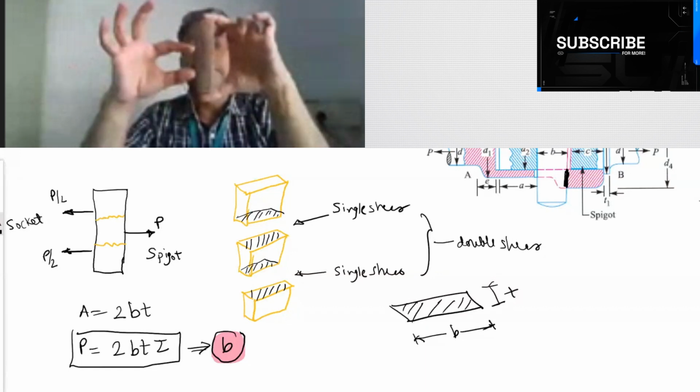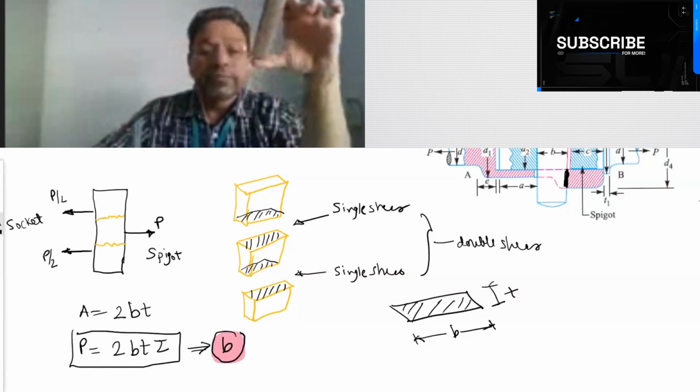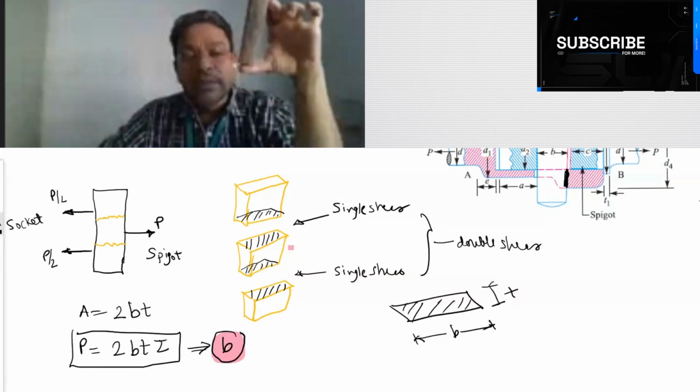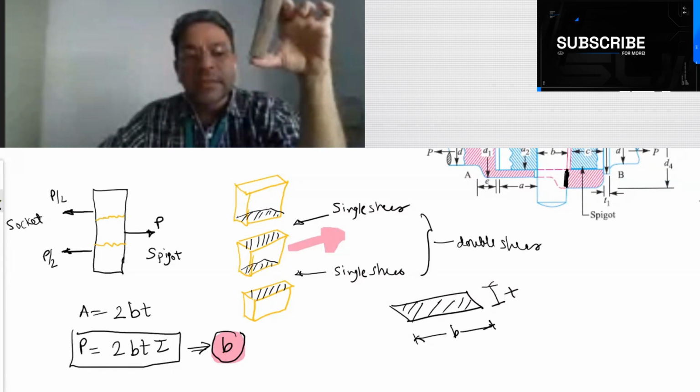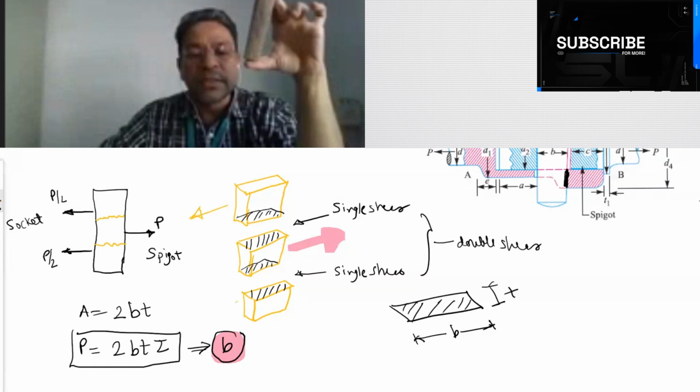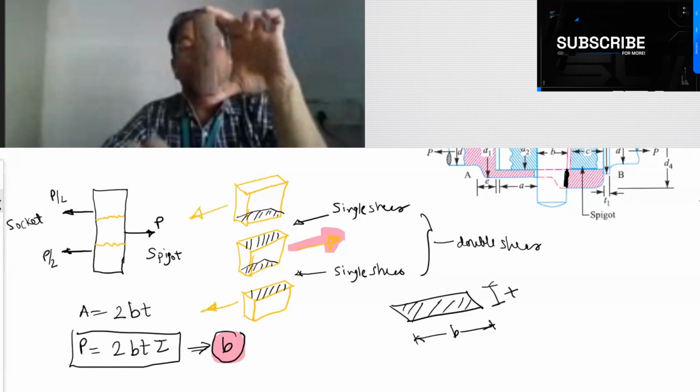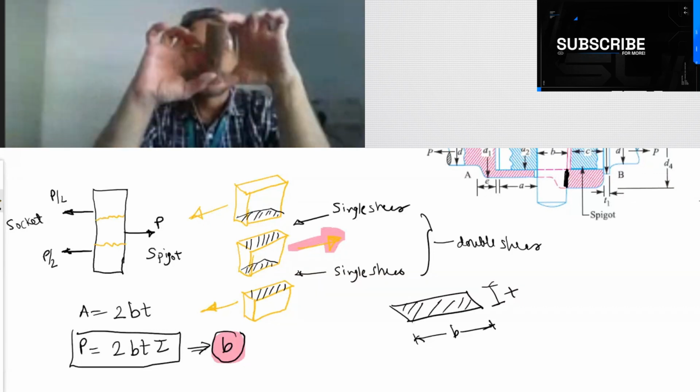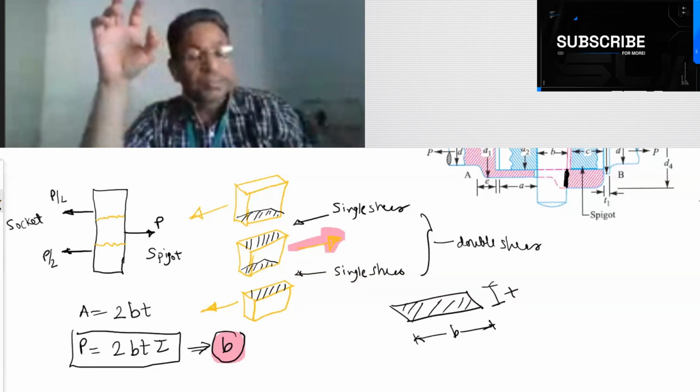So this portion will go like this, and this portion will go like this, and this will go like this. So we'll get 3 pieces of this. That is failure of Cotter in shear.